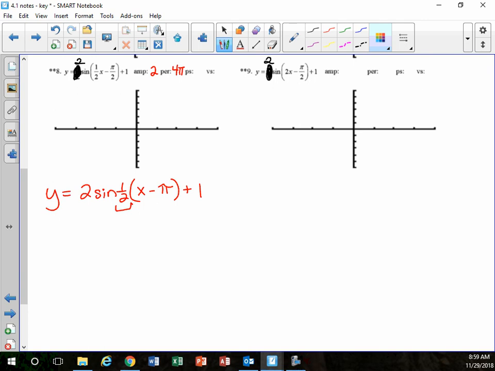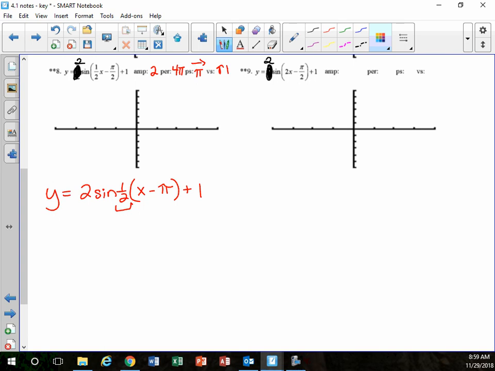Where are we going? We're going to the right by how much? 1, because the period changes. So we're going right by pi. Don't tell me how many tick marks, okay? Tell me by pi over 2, something like that first. When you graph, think about the tick mark. And then vertical shift, we're going up 1.